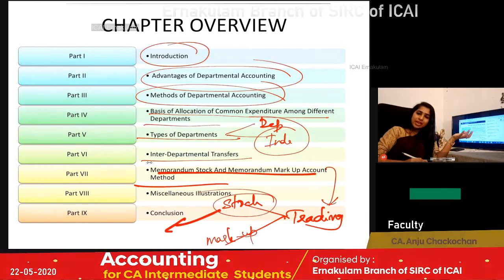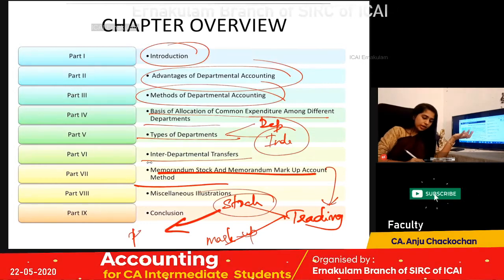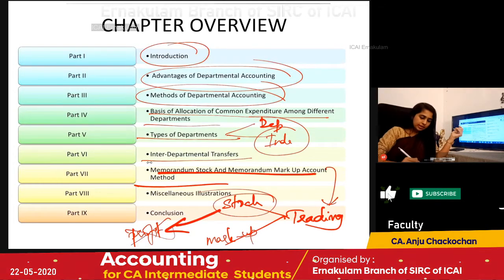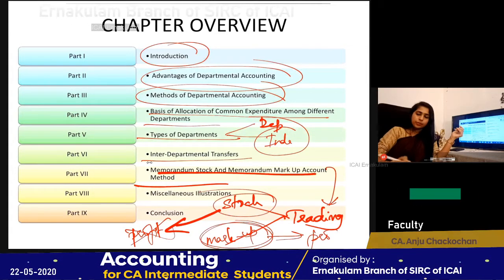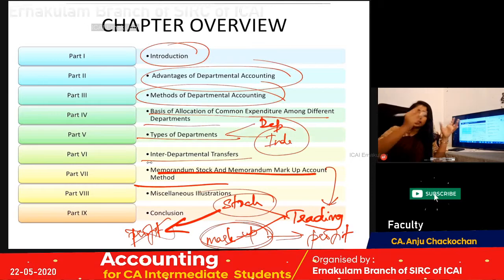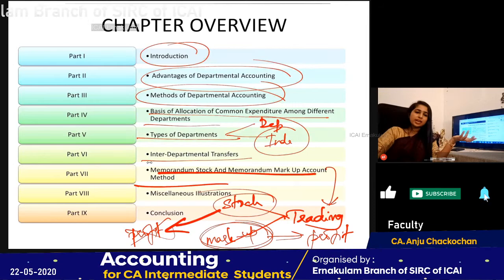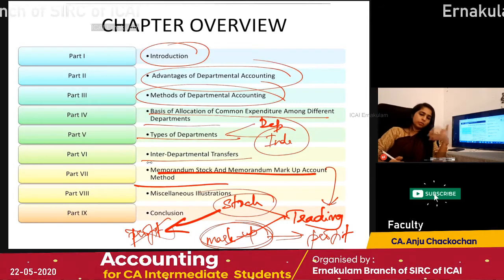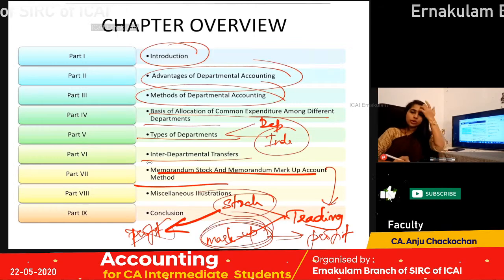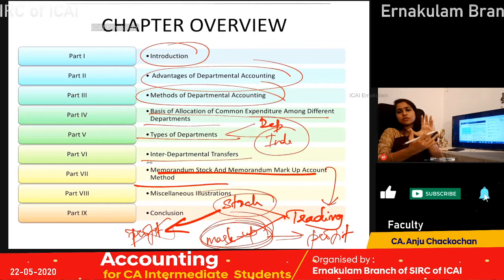So normally in the stock account, you will not be able to realize the profit. It is the markup account that tells us how much the profit is, because all the loading which we have done in the stock account will be reversed in the markup account, and we get to know the actual profit from the markup account. So this is mostly the gist of the chapter.